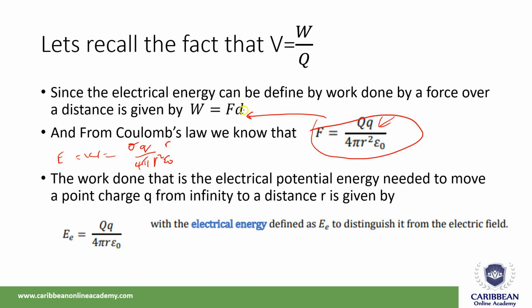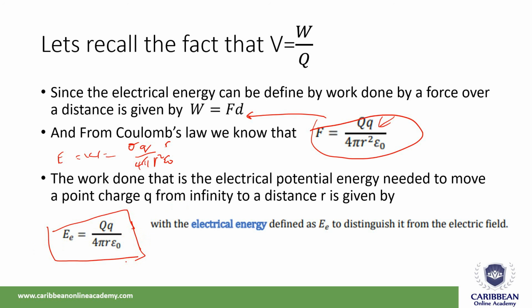The work that is done is done within a certain amount of distance. That distance that we're going to represent here is R. So this is just replacing the force in this equation, and the distance is going to be R. When we do that, we get that the electrical potential energy that the system has is equal to this, just by manipulating the equation.